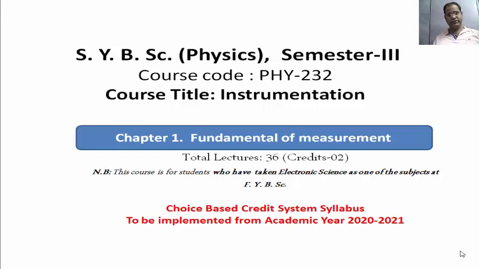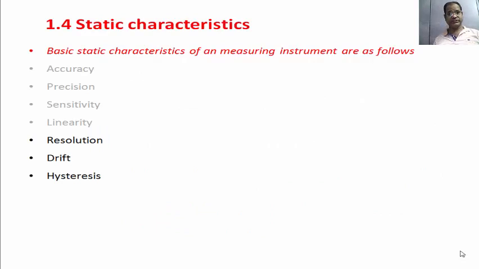Also, we have seen the basic measurement system, and the static standards of measurement. In standards of measurement, we have seen the four types of standards: international standards, primary standards, secondary standards, and working standards. And we are studying the static characteristics of measuring instruments.